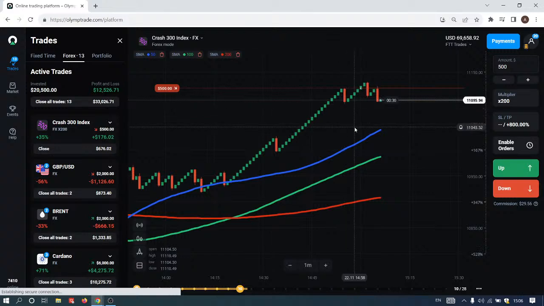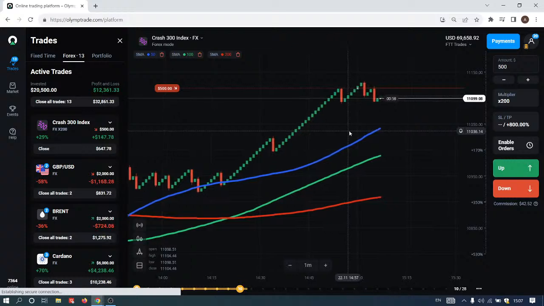This index, like any other index or any other instrument or asset in the financial markets, follows the rules of technical analysis. Not so much fundamental analysis in certain cases, because fundamental analysis is only applicable to certain ones. But as for technical analysis, all these indices do follow it, right?